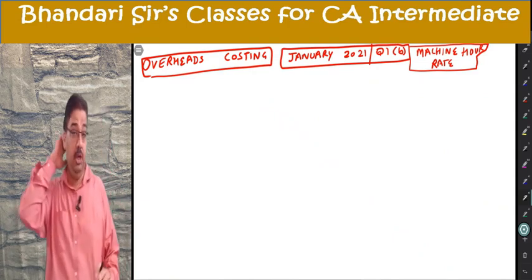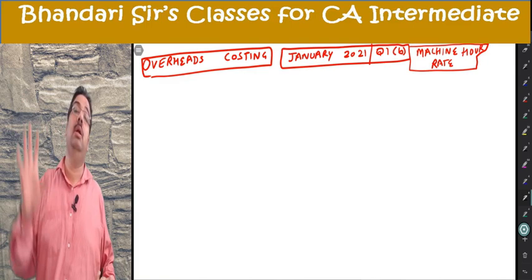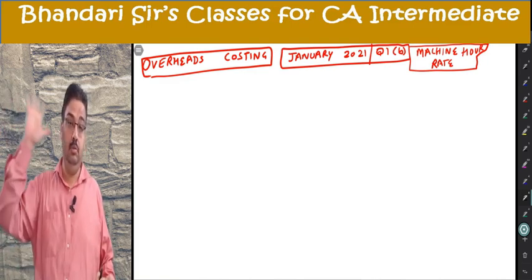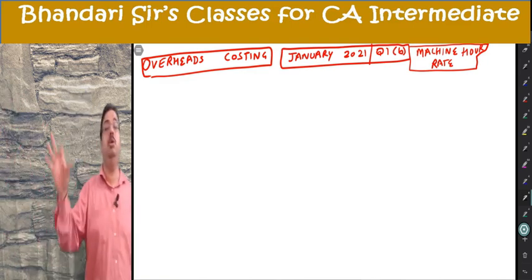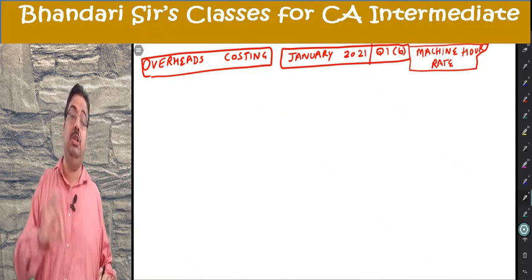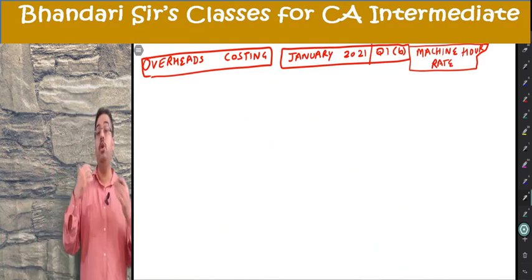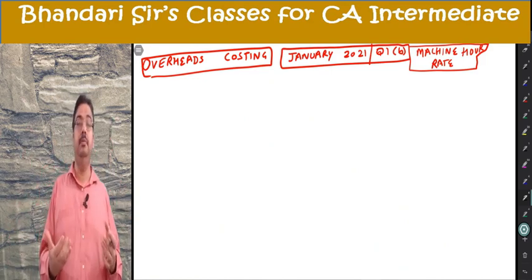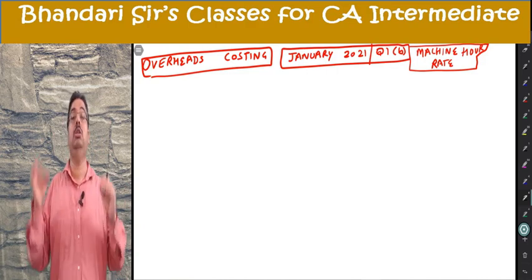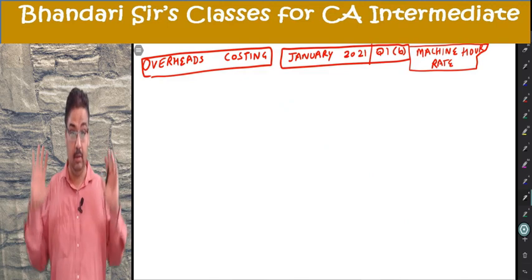And you have a choice. You can make computations or cost sheet for one machine 1 month, one machine 6 months, one machine 12 months. You can do 8 machines 1 month, 8 machines 6 months, 8 machines full year. What I am going to do, I am going to prepare an annual cost statement for all the 8 machines together.